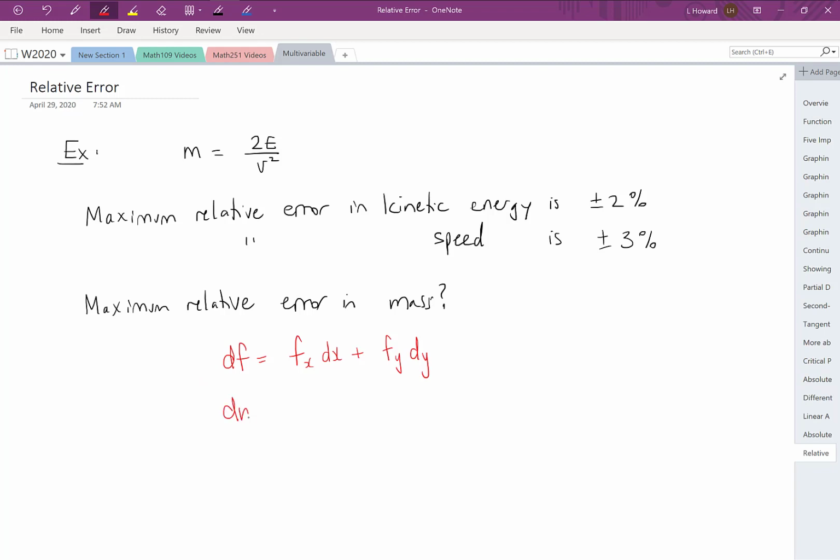So we're going to rephrase this as dm, and mass depends on the energy and the speed. So we're going to write dm equals m sub e times dE plus m sub v times dv. All right, so when we write dm here, that's our absolute error.